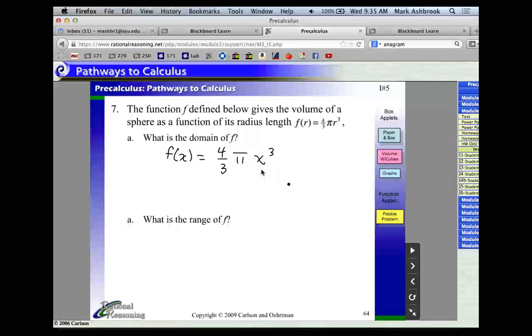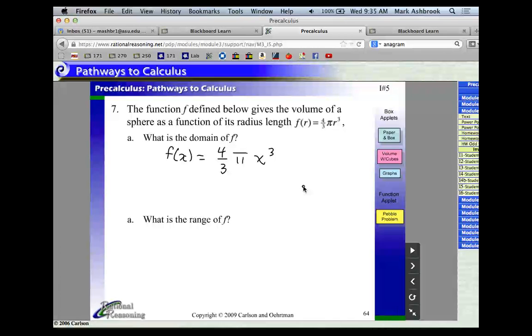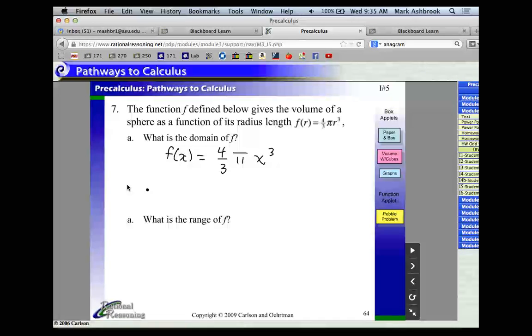So what I want you to do is first write out the set of instructions that it does on the input. Then write out the reverse set of instructions, and then use the reverse set of instructions to write out the formula, the rule for f inverse. Okay? So first write out the set of instructions that f does.